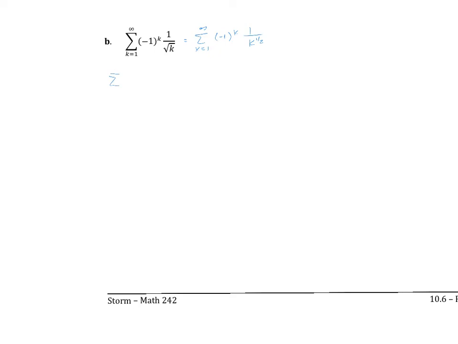Because when I look at the absolute value of my series, again, you don't have to write this absolute value part. Looking at the absolute value of the series just means you're getting rid of the negative 1 alternating. It's simply 1 over k to the 1/2. And since the k is to the 1/2 power, this is a divergent p-series.